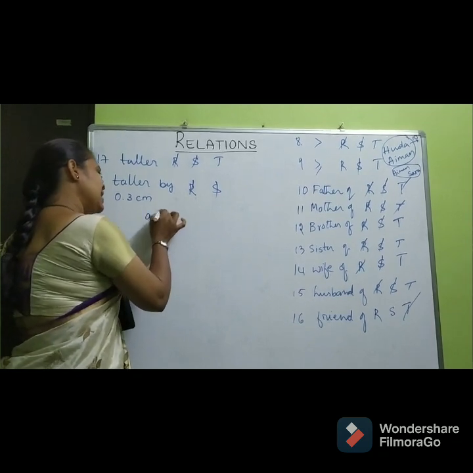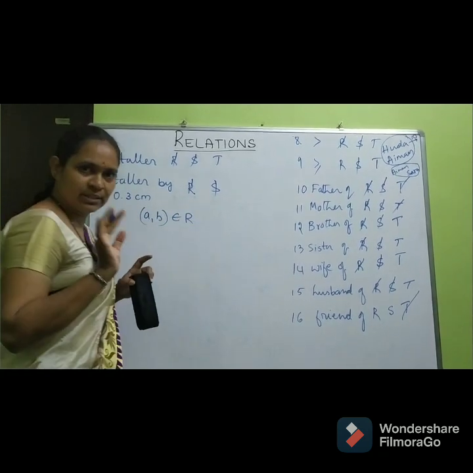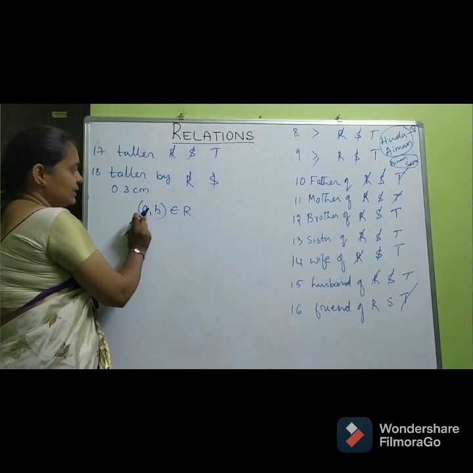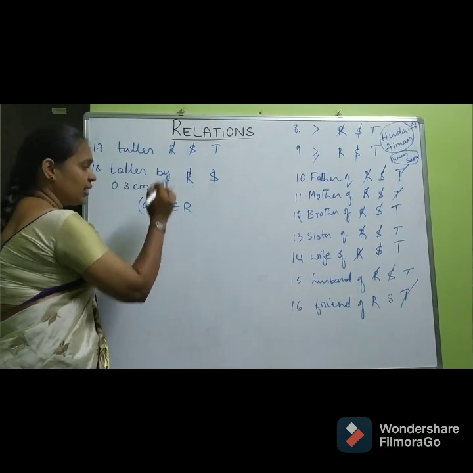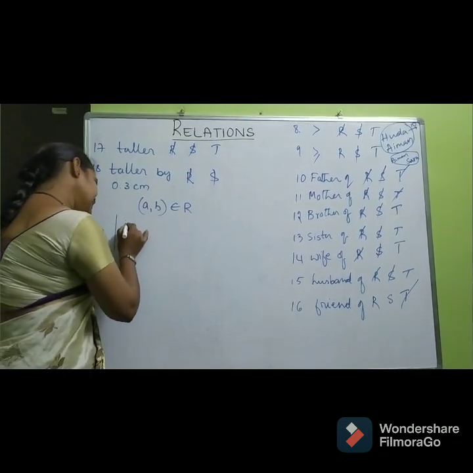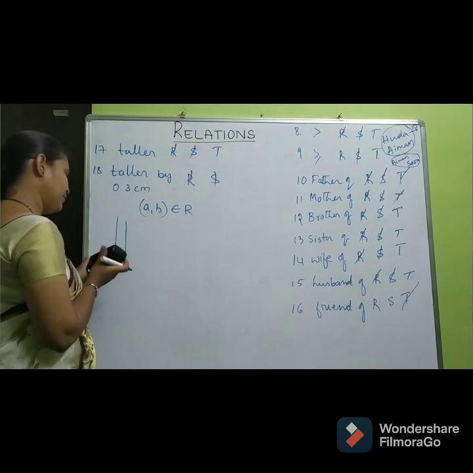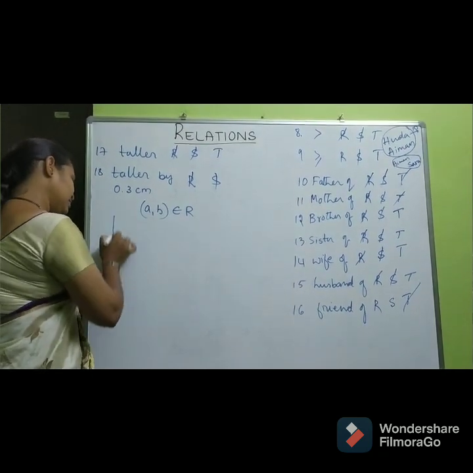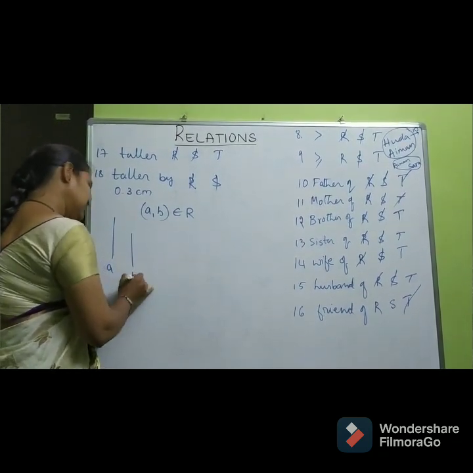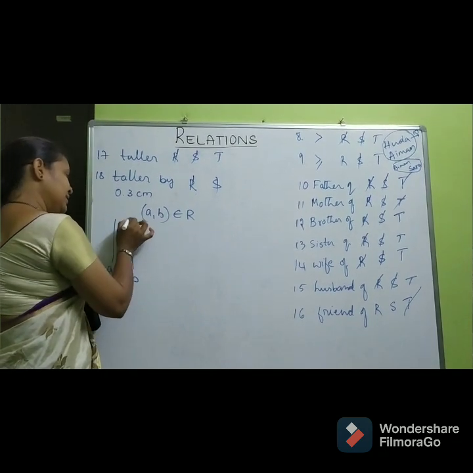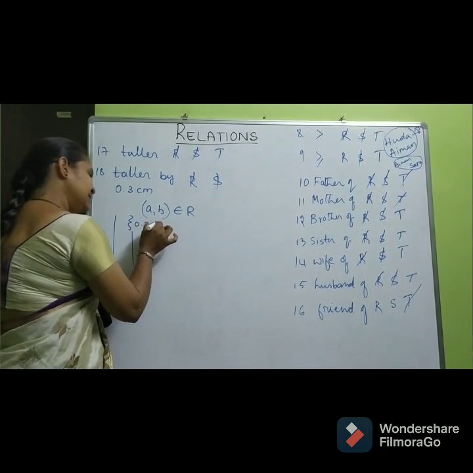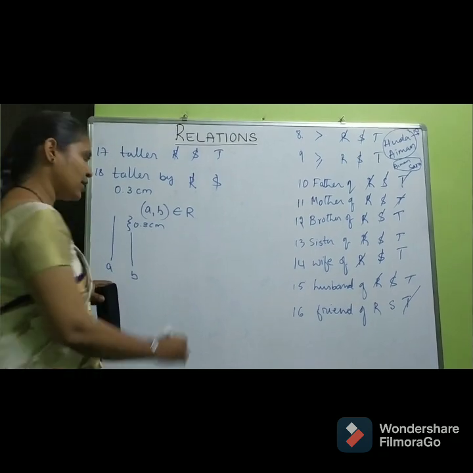See here, AB belongs to R means A is 0.3 centimeter taller than B. This is A, this is B, and this difference is 0.3 centimeter.